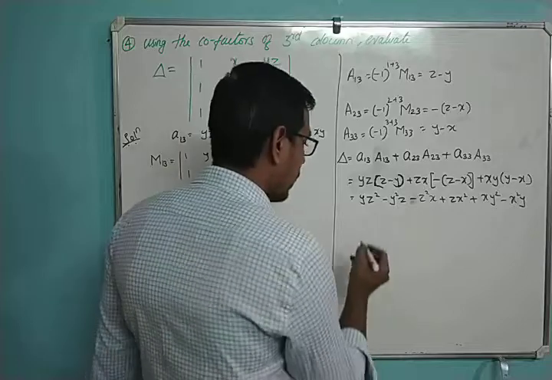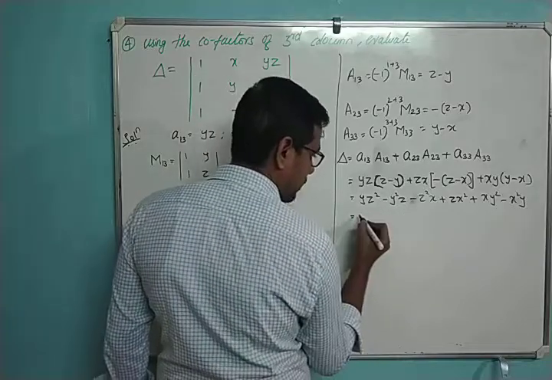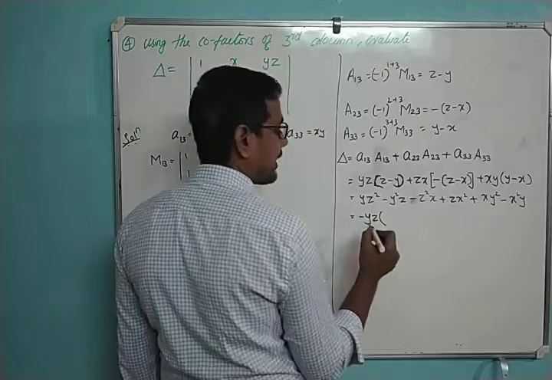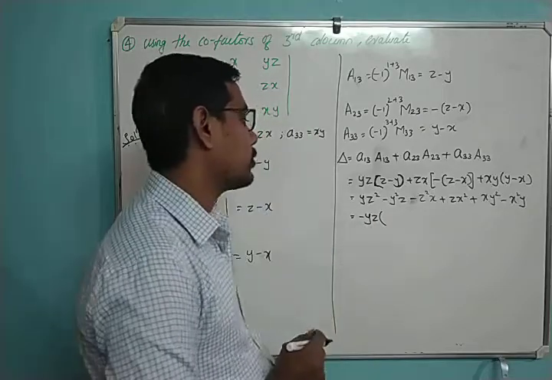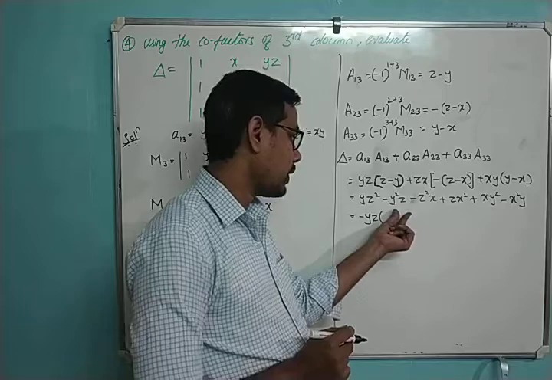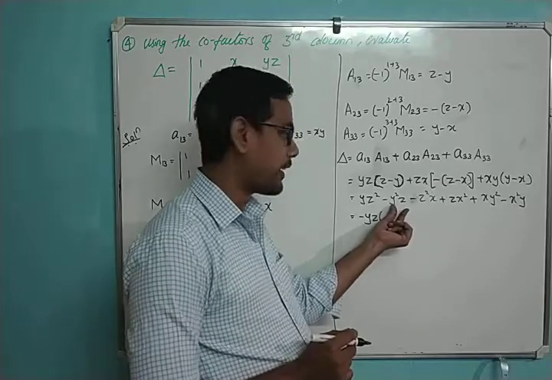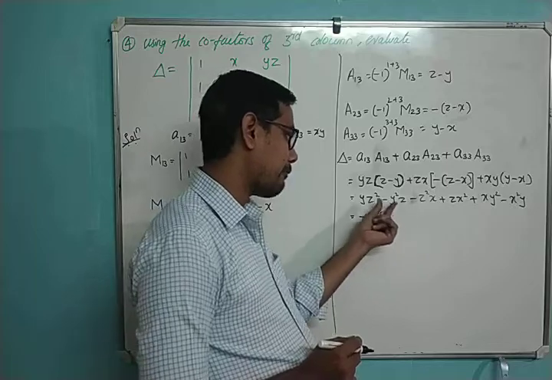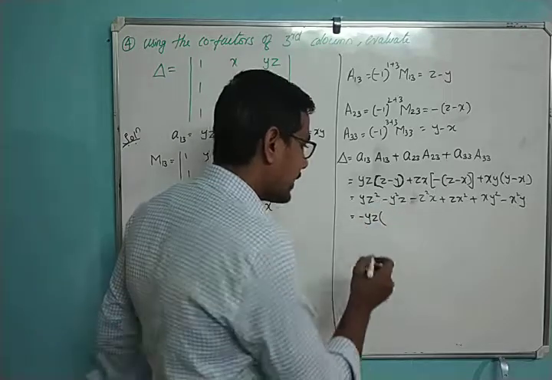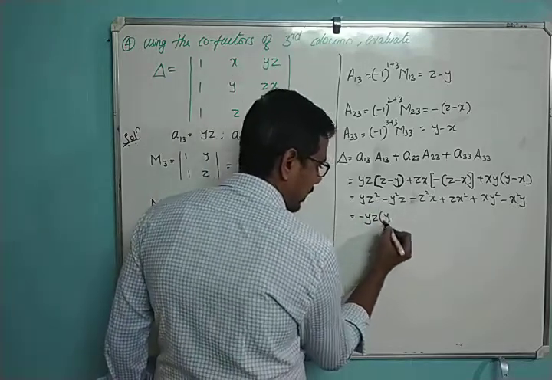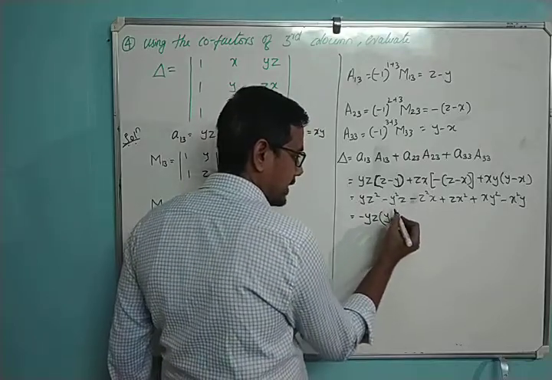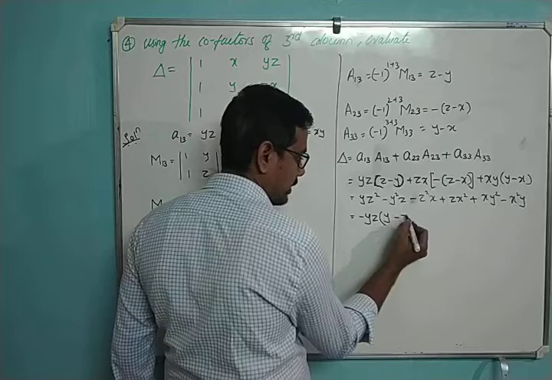Okay. So now take minus YZ common. Minus YZ if I take common, right? So what happens? So this minus YZ if I take common, what remains here? Y square Z is there. If Y is gone, Y is remaining, right? So this becomes Y, and here Y is gone, YZ is gone. So what remains?